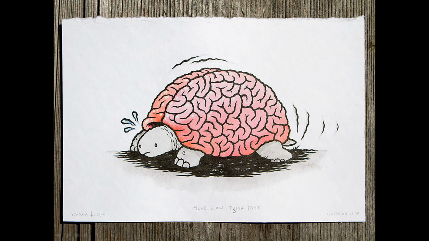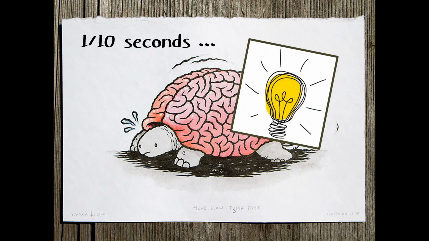But it doesn't work that way. It takes about a tenth of a second for your perception to be created. Since our brain cannot have the same perception as the world, it creates a best guess about the next moment.